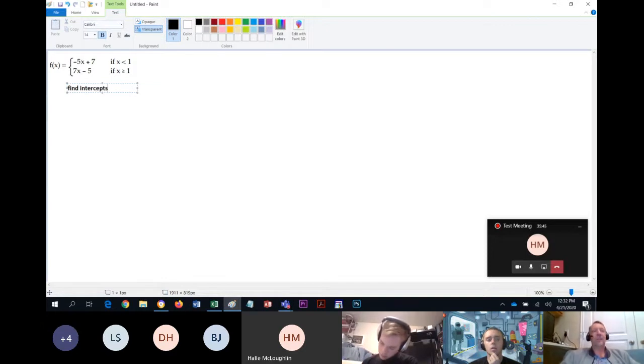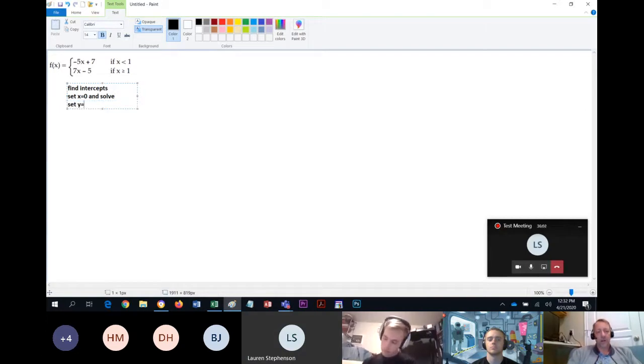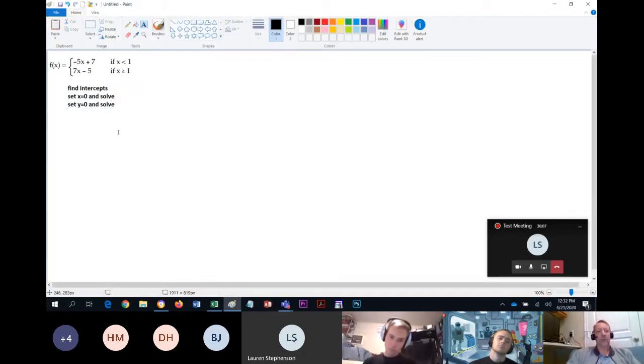So how do we find the intercepts normally, ignoring this problem for a minute? By putting zeros in and solving. So I'm going to set x equal to 0 and solve, and I'm going to set y equal to 0 and solve. That's what we would normally do. Now, the problem is this is a composite function.